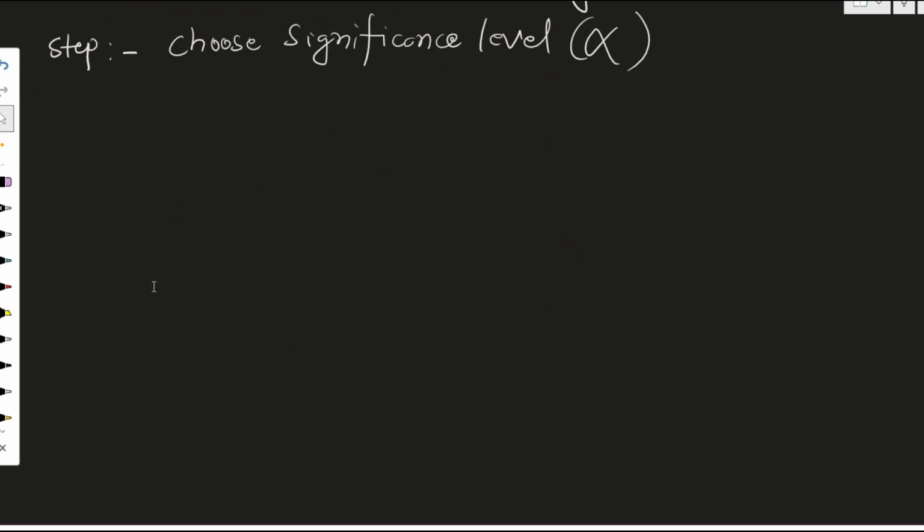Basically we always prefer the confidence interval of 95%, because most of the data points, 95% of the data points, are covered, and even the standard deviation is just 2.